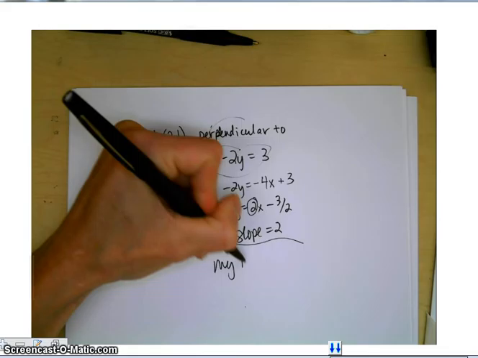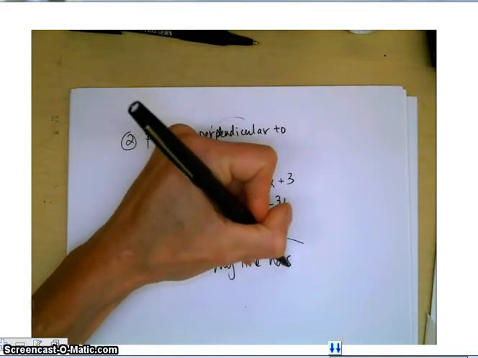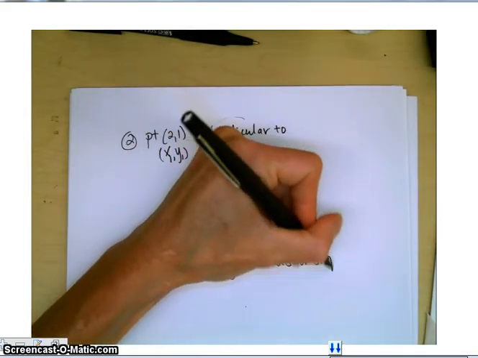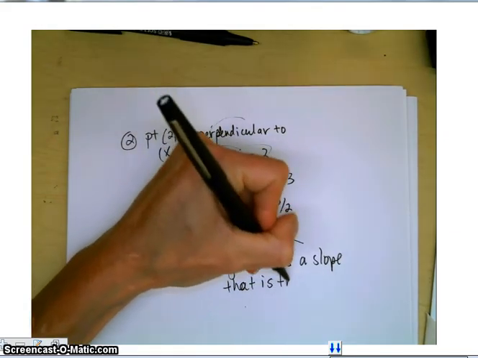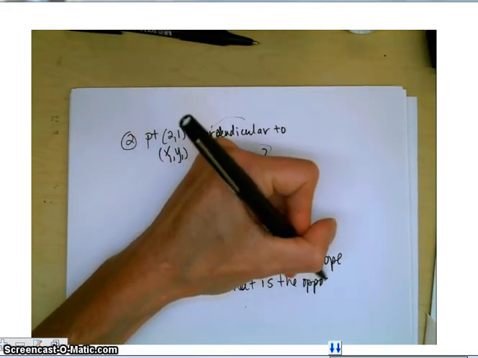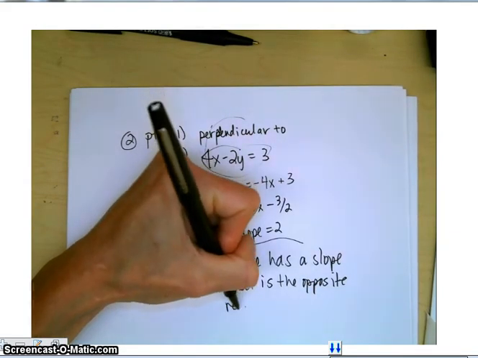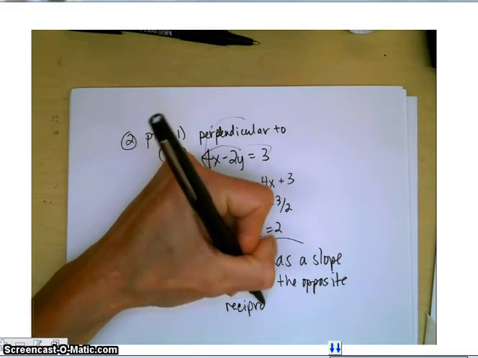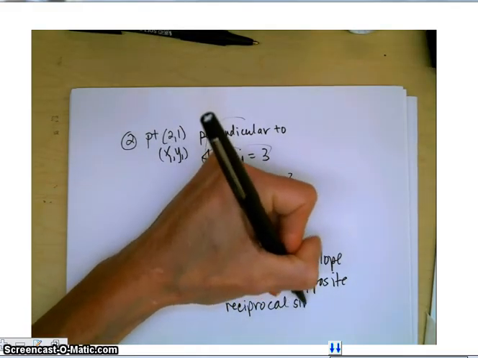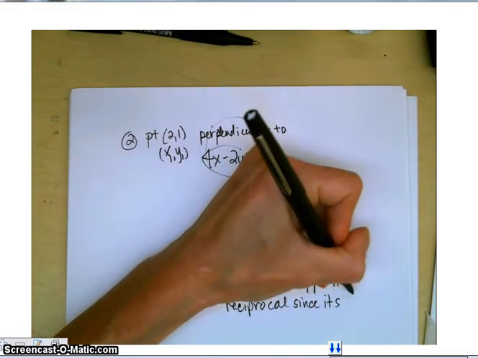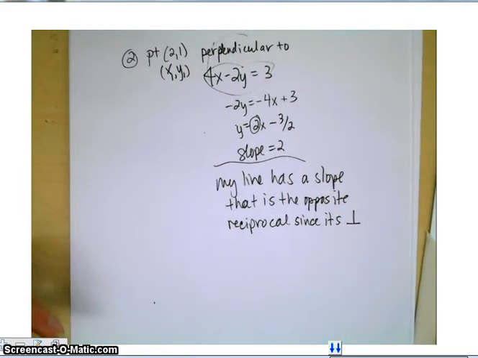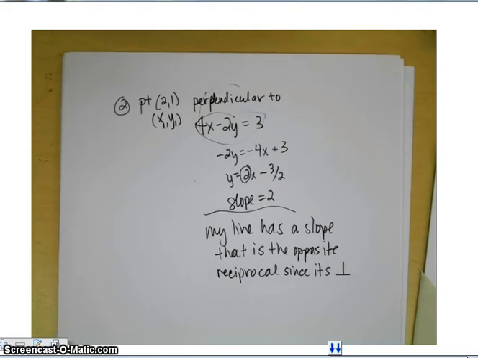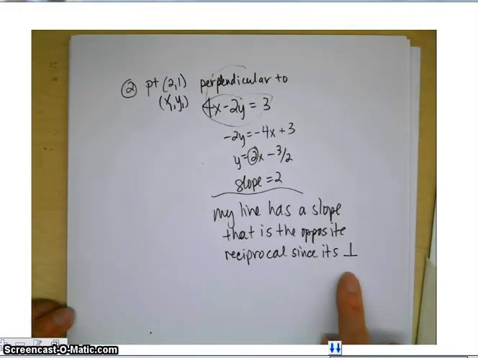My line has a slope that is the opposite reciprocal, since it's perpendicular. You know, that's the symbol for perpendicular right there.